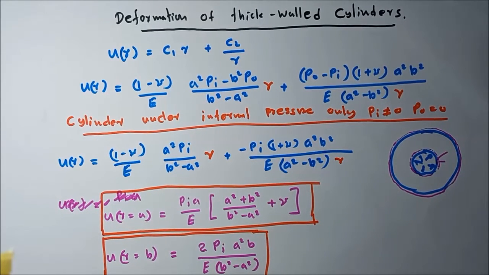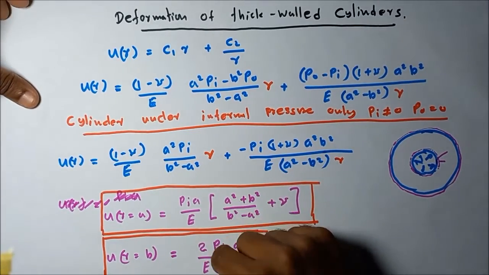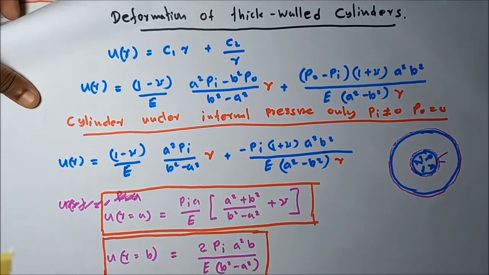Okay, then again I am going to consider the cylinder subjected to external pressure only situation. When the cylinder is subjected to external pressure only, I am going to reduce this equation and obtain the displacement of both the surfaces.